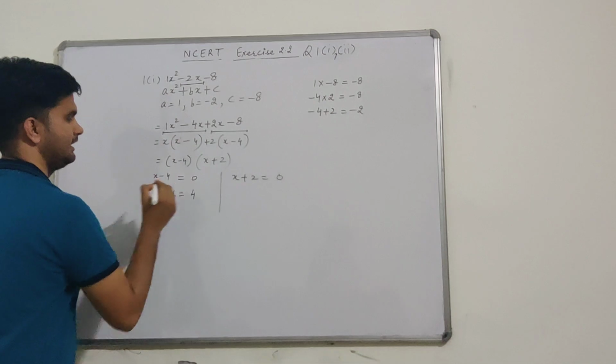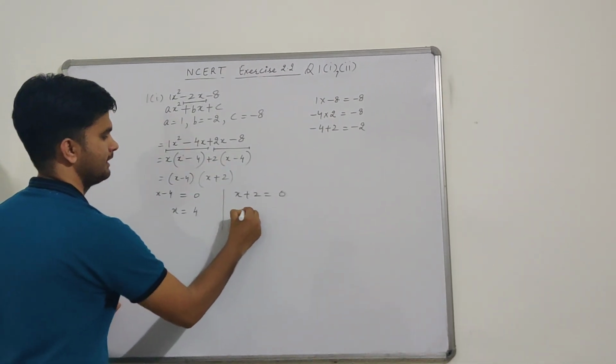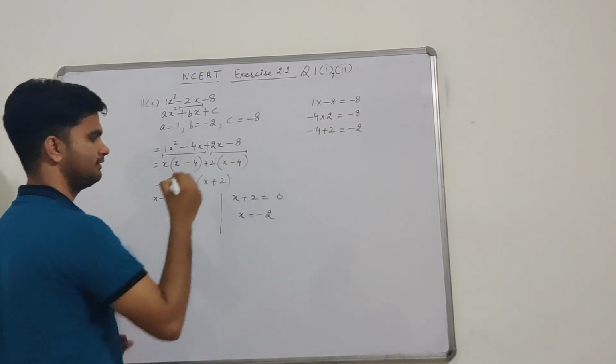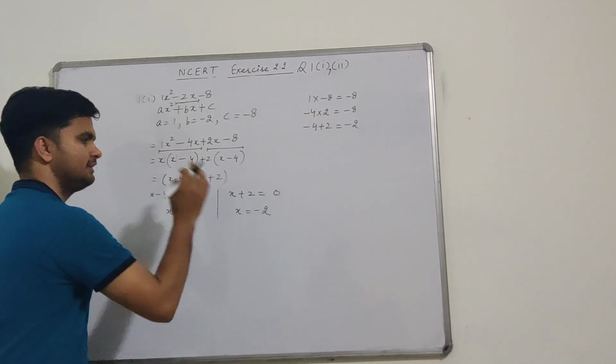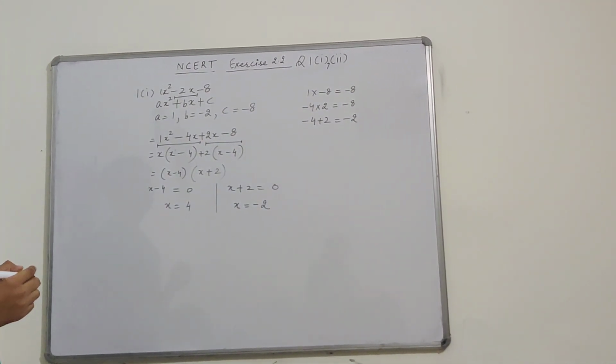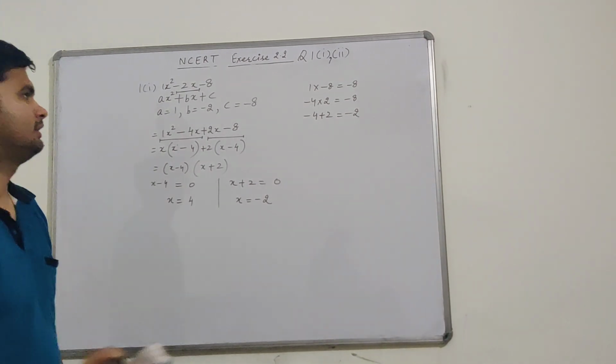From here we get x is equal to 4, and here x is equal to minus 2. It means 4 and minus 2 are the zeros of this polynomial.